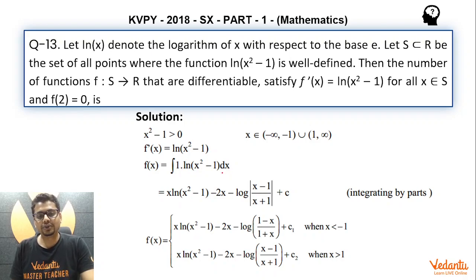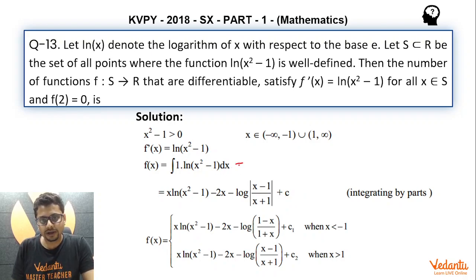Now we are using integration by parts. So here I am taking 1 as the second function and this as the first function. And as you integrate, you would essentially get this expression where c is the arbitrary constant.